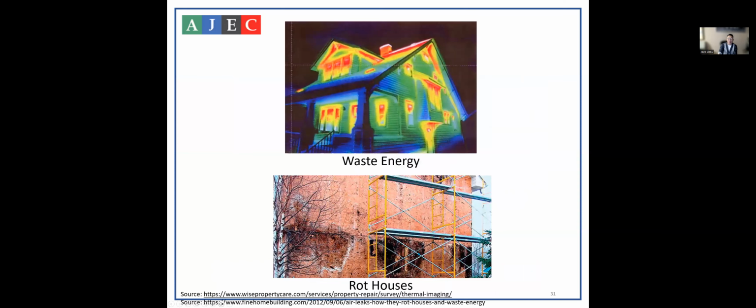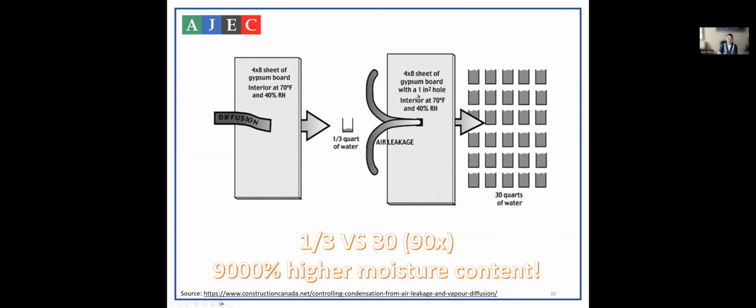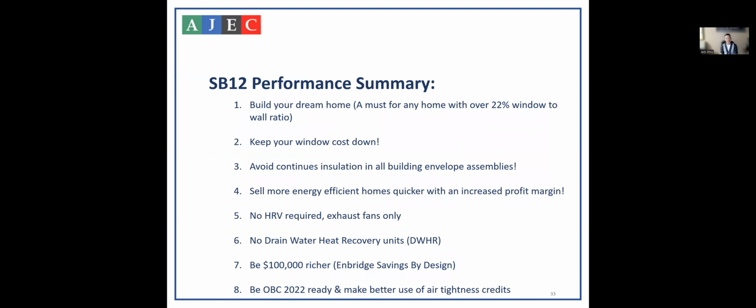And that's why you have rotting. That's why you lose a lot of energy. That is due to air leakage. So if you want your house to be airtight and comfortable and durable and resilient and everything else, you want it to be airtight. Really critical here. Okay, so this is a summary page showing you why you do it.